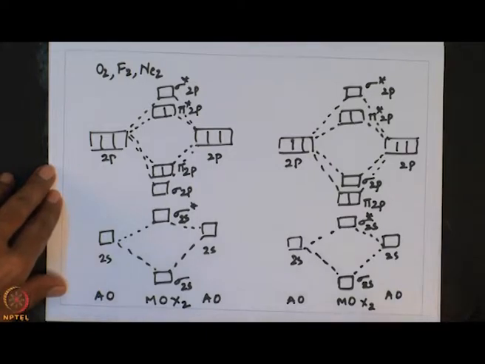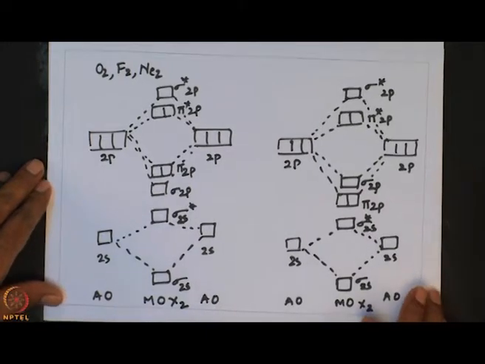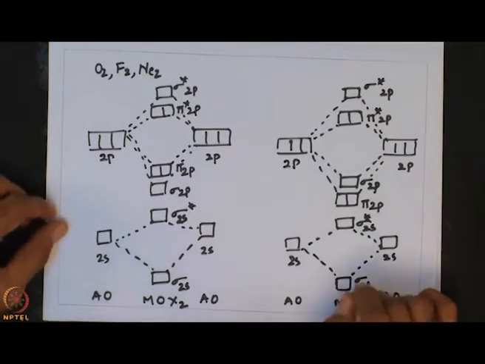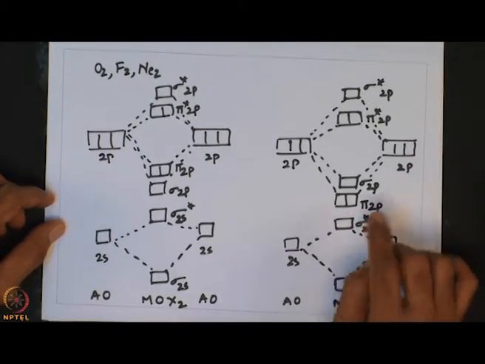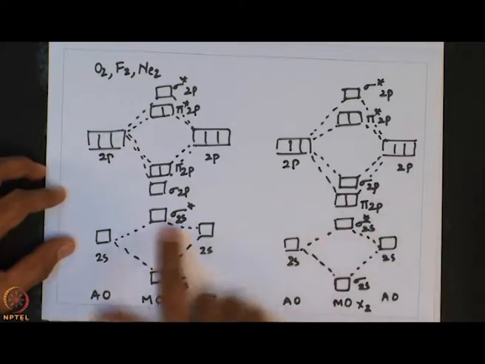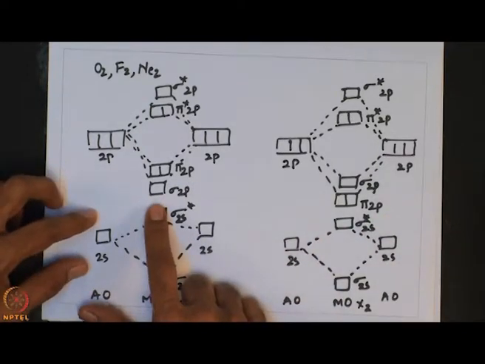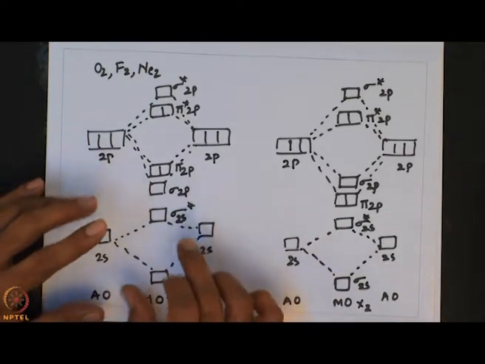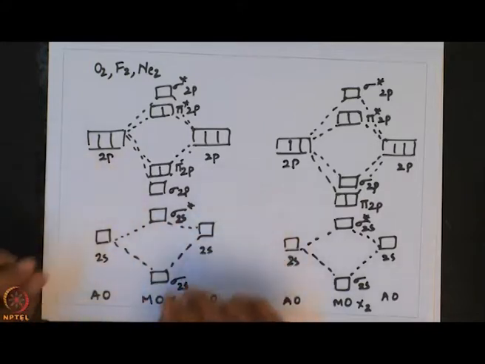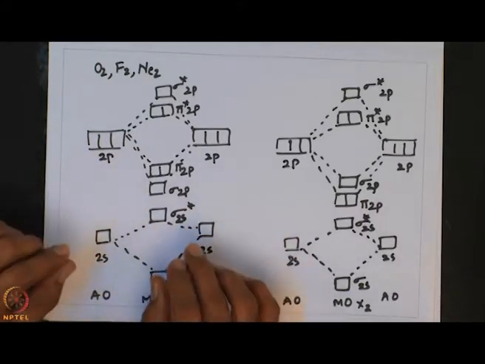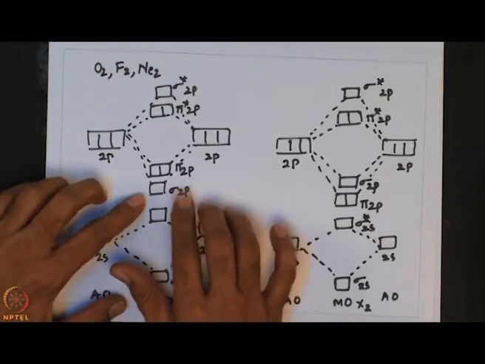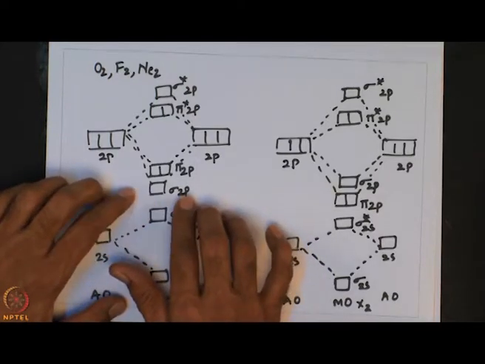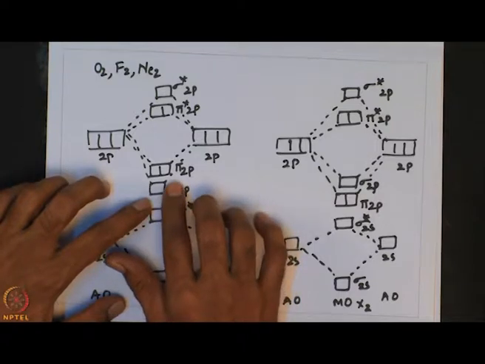Now you can see the difference. In this case pi 2p is much lower in energy compared to sigma 2p, whereas in the heavier or more electronegative elements in the second row, the sigma 2p will be lower compared to pi 2p.